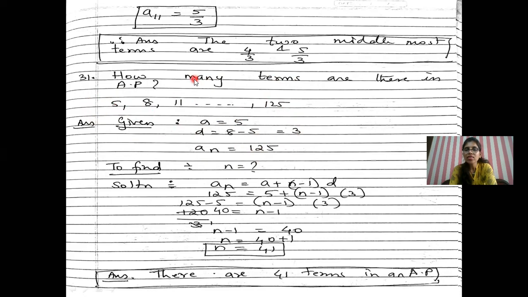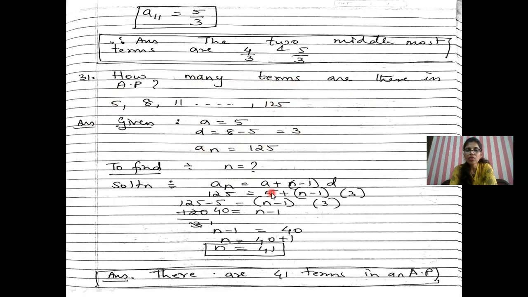Now they have asked us to find the value of N, because they are asking how many terms are there in it. So when we are finding the value of N, we use the formula AN is equal to A plus N minus 1 D. Now we know the value of AN is 125, so we substitute in the place of AN. A is 5, so we write 5, N minus 1, value of D is 3.